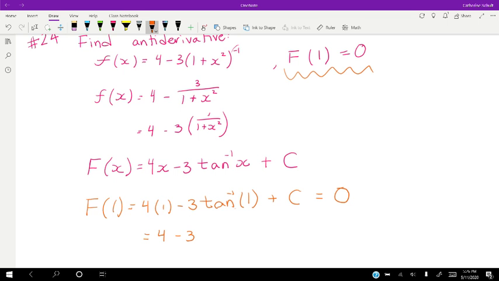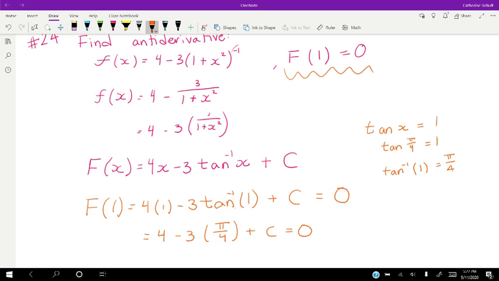So this is really saying tangent of what x is equal to 1. Well, that happens when the sine and the cosine are the same. That's pi over 4. So the inverse tangent of 1 is pi over 4. Okay, so that's that. Little substitution.